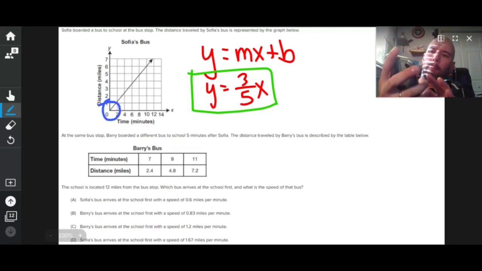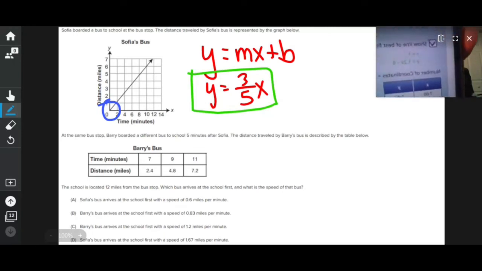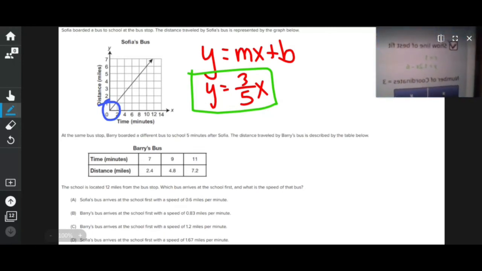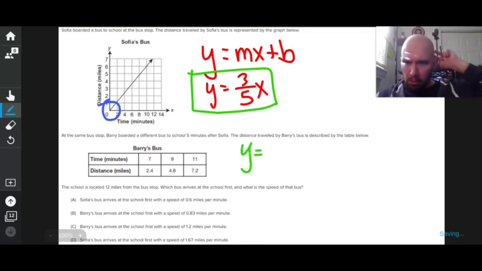I'm going to scroll up, click the line of best fit. And the line of best fit, I know it's backwards, is y equals 1.2x minus 6.